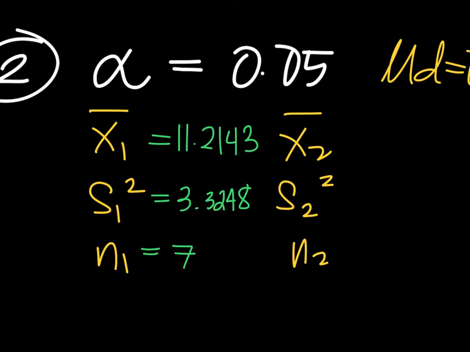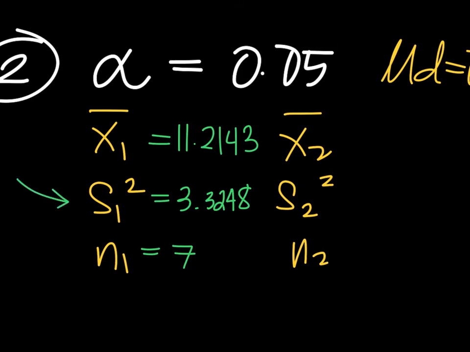So I suggest that when you do calculations in the middle of the solution, you round off to 4 decimal places.